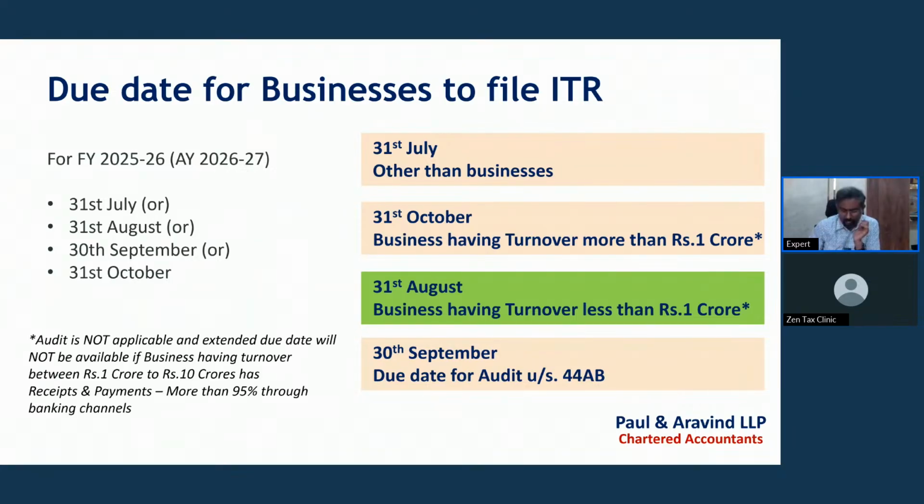This amount of 1 crore will be extended to ₹10 crores in respect of those taxpayers or assessees having receipts and payments more than 95% through only banking channels.